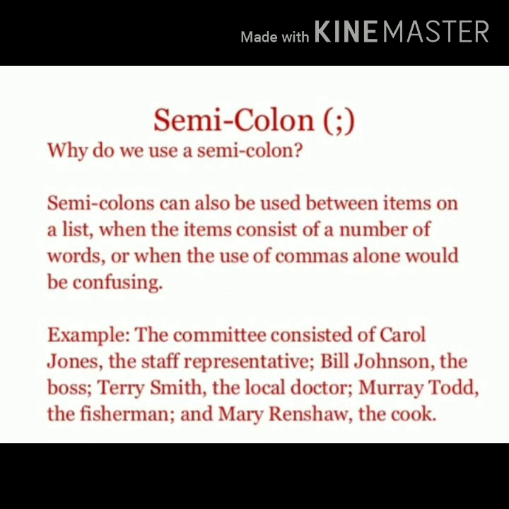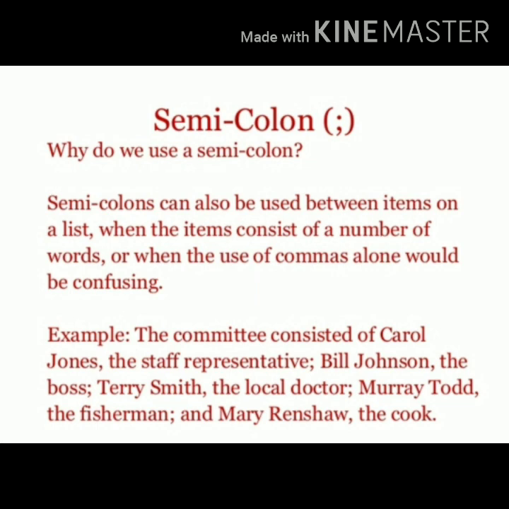The next rule says, semicolon is used in a sentence when a list of items is given and there are so many commas within the sentence that it makes the sentence confusing. For example, the committee consisted of Carol Jones, the staff representative; Bill Johnson, the boss; Tariff Smith, the local doctor; Murray Todd, the fisherman; and Mary Rinshaw, the cook.